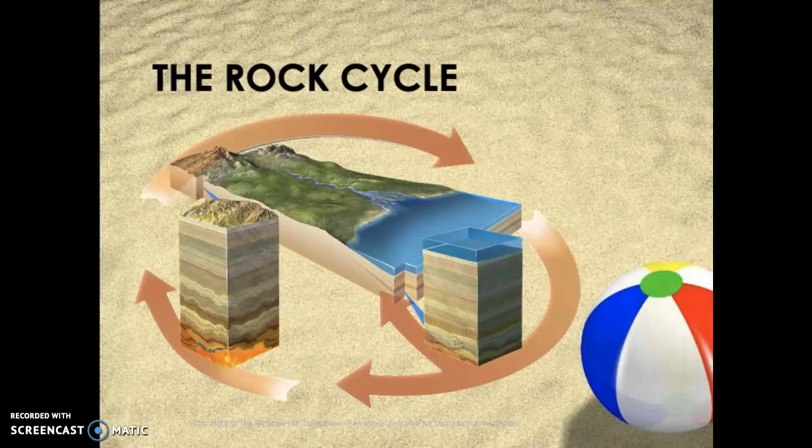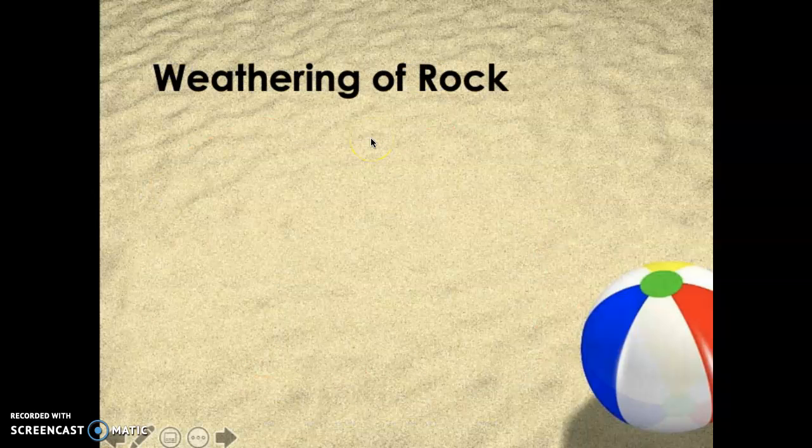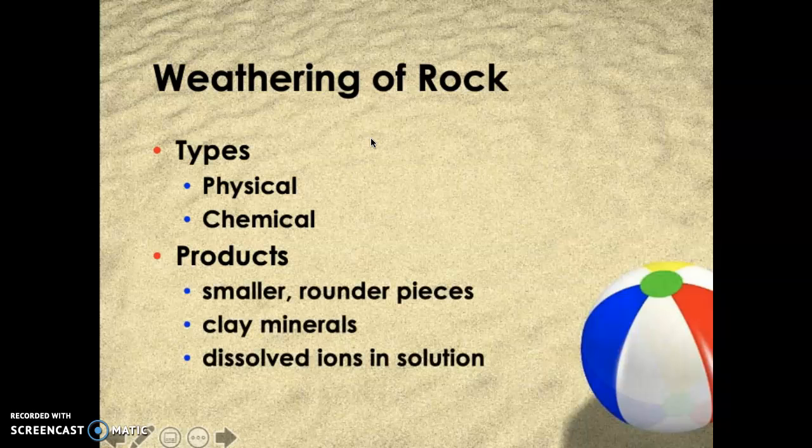Just as a reminder, here's the rock cycle. Our sediments come in the rock cycle on this top part of the curve when rocks weather due to physical and chemical processes, which produces smaller and rounder pieces as well as clay minerals. Clay minerals are like little pieces of rock, but they're actually produced by chemical weathering, and then dissolved ions in solution.